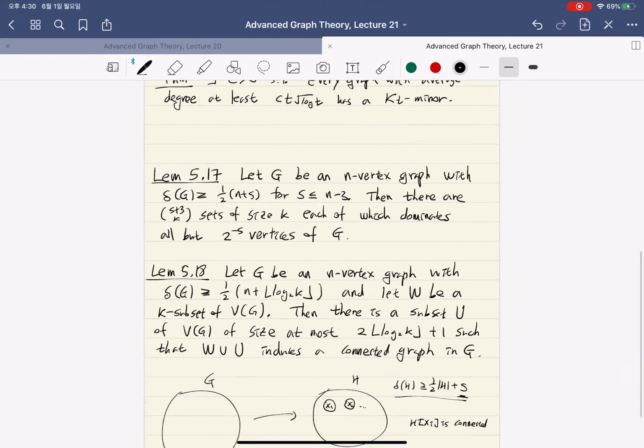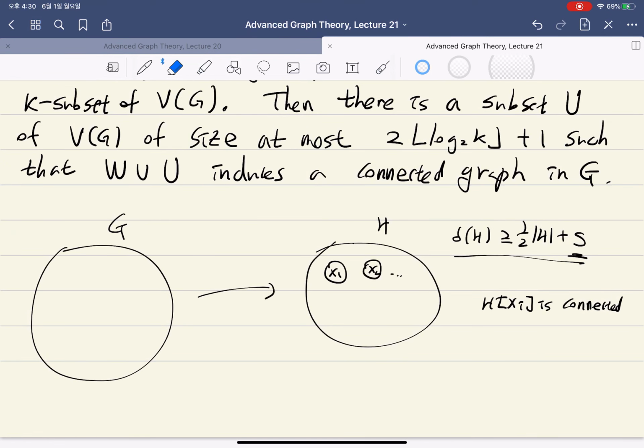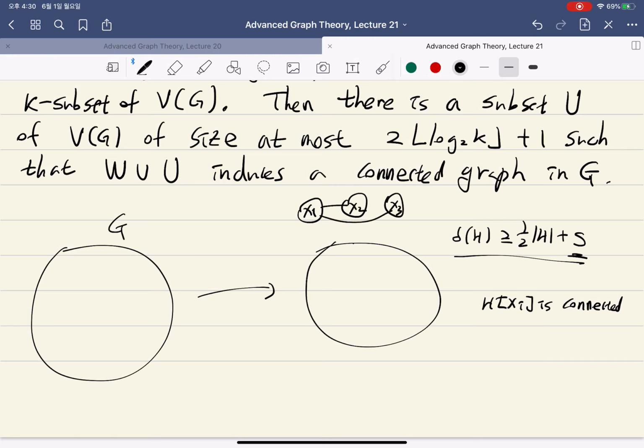And then for those selected vertices, we want to make sure that there are edges between them. How do we ensure that? Whenever we take each set, we want to make sure that its neighborhood is large, so x2 also has a large neighborhood, and x3 also has a large neighborhood.